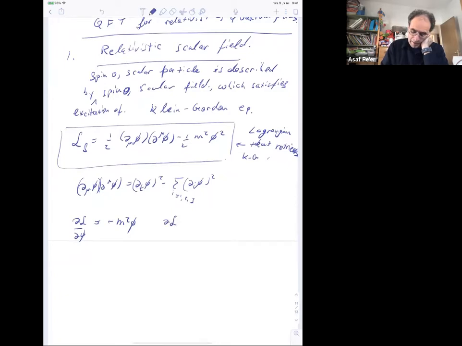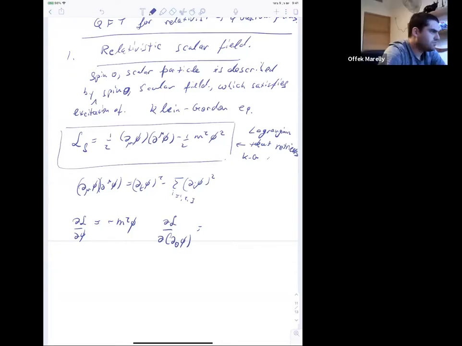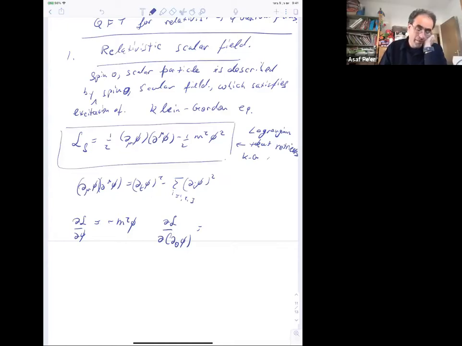What is dL over d(d_0 phi)? That should be automatic. Have d mu, right? So d0, d0. So dL over d(d_0 phi) is just d_0 phi, because the 0,0 component of the metric is 1, so this is also equal to d_0 phi.